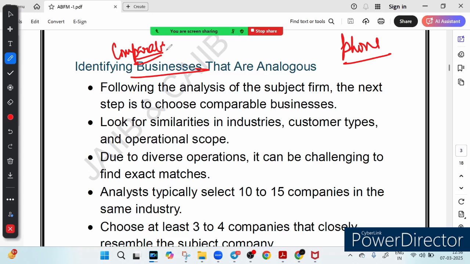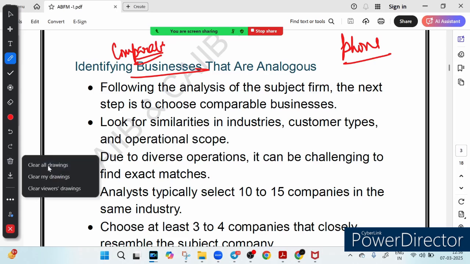Once we analyze the company we are valuing, the next step is to find similar businesses for comparison. First of all we have to analyze which type of company we are valuing, right? Now we know the company we are valuing. The next step is to find similar businesses for comparison. But here is the catch, it is not as easy as it sounds. Let's break it down step by step.